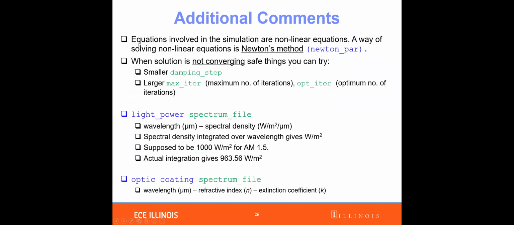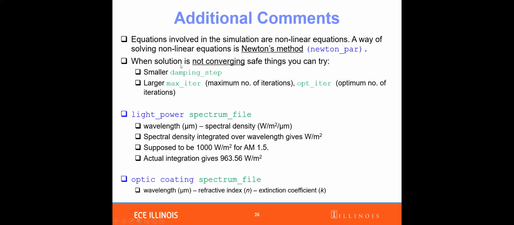Yeah. So these are additional comments. If you have a convergence issue, you need to work with the Newton method. If your layer file is properly defined and without any issue, most of the time it's because of this Newton method.